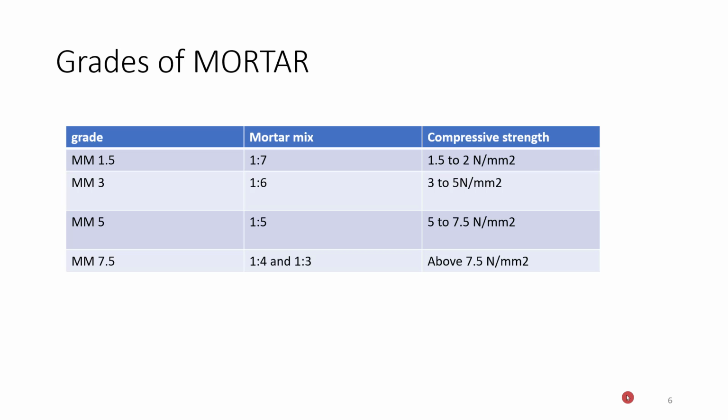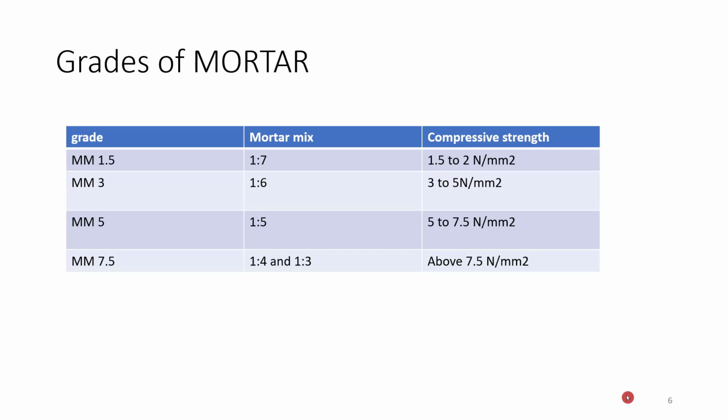For MM 1.5 we are using 1 is to 7. That means for one quantity of cement we are using 7 quantities of sand. So to increase the strength, for M 7.5 we are using 1 part of cement to 4 parts of sand.